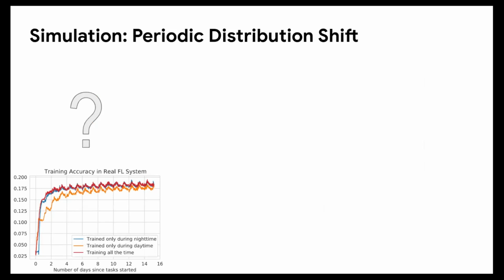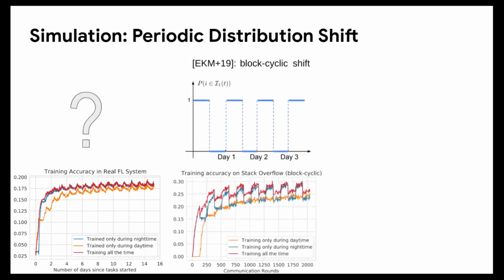But we have devices that are located in different time zones, so their nighttimes are different. And then there is some periodic distribution shift of the mobile devices that causes these oscillations.